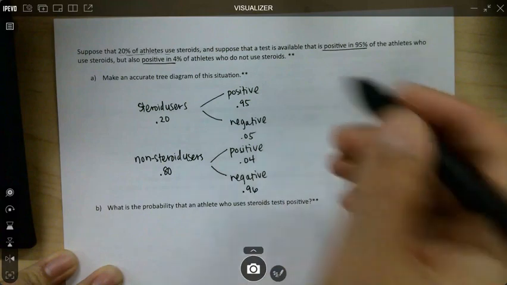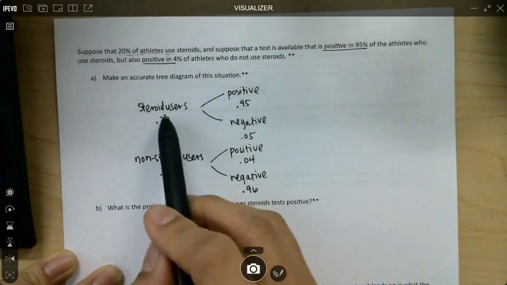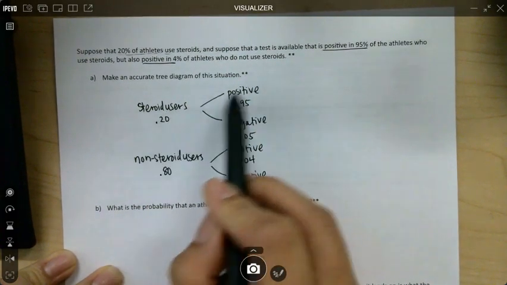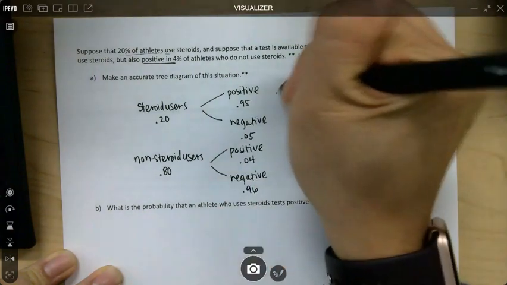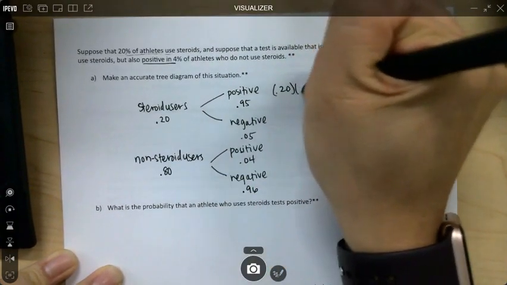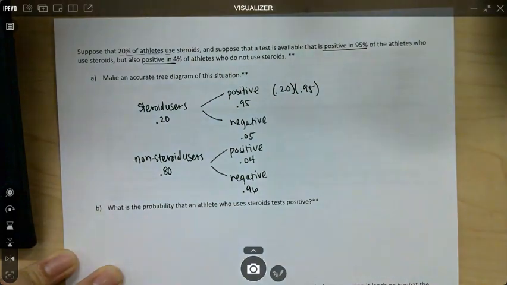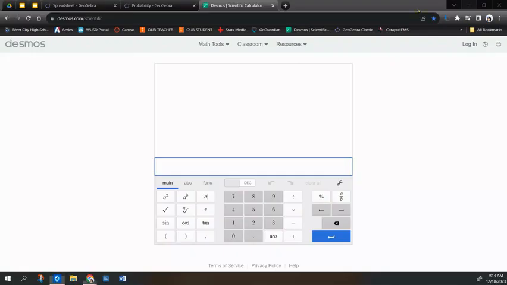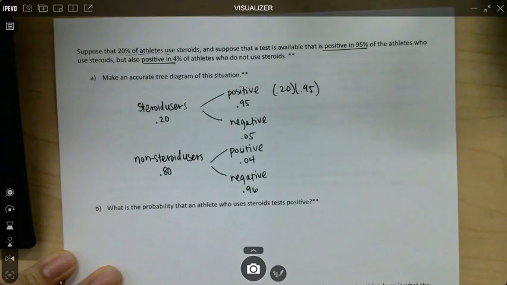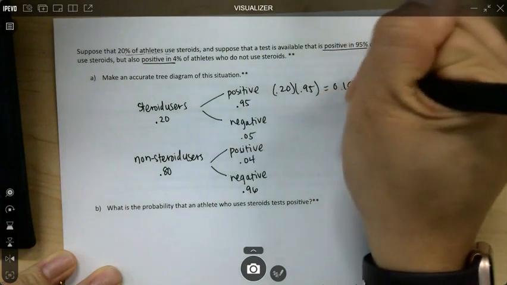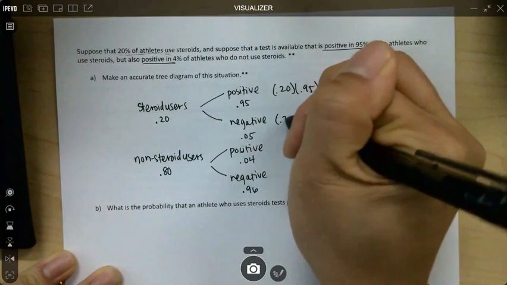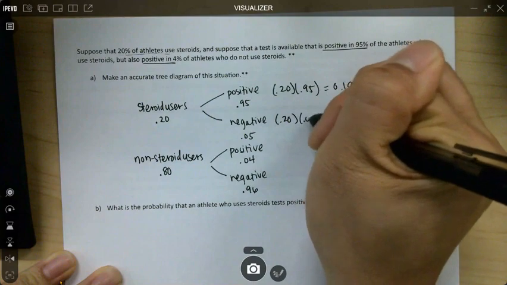Okay, once we do that, we also need to find the probability of each outcome, meaning if a steroid user tests positive, that would be 0.20 times 0.95, which would be 0.19. The next one would be 0.20 times 0.05.